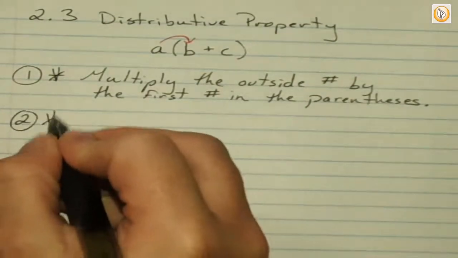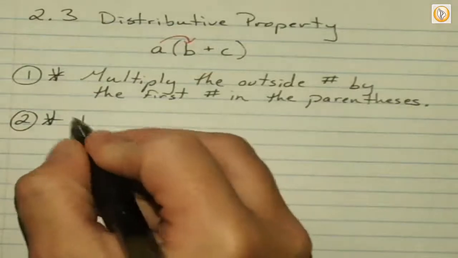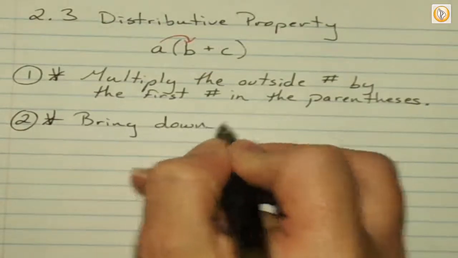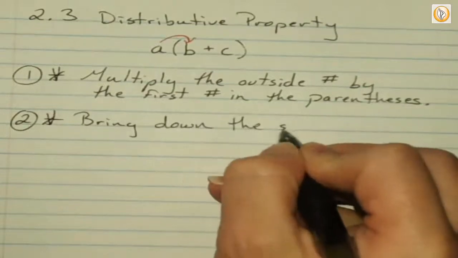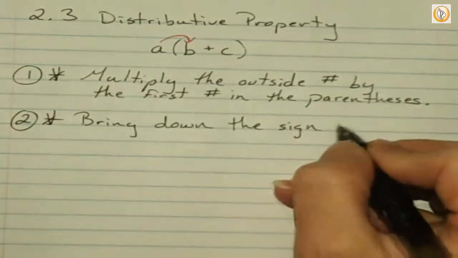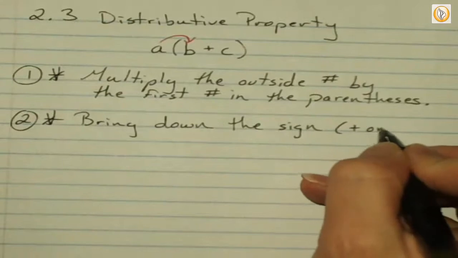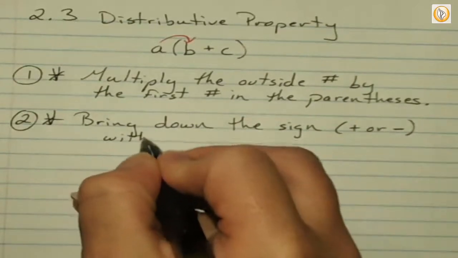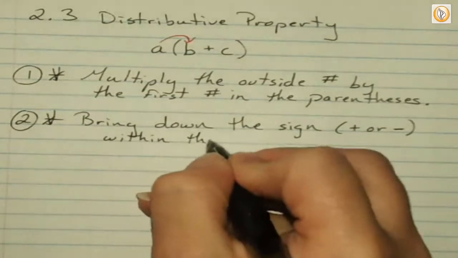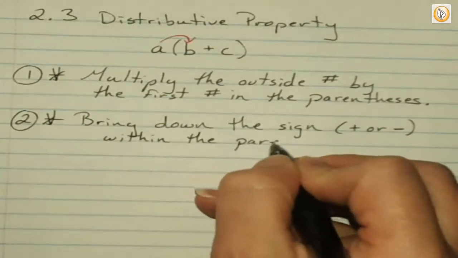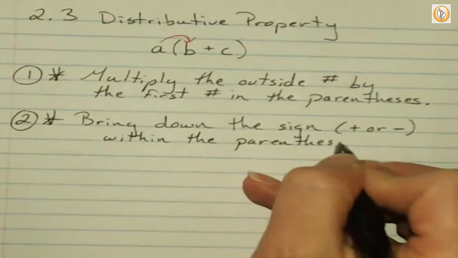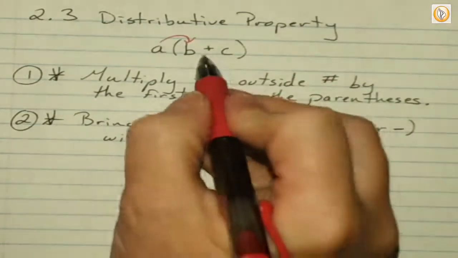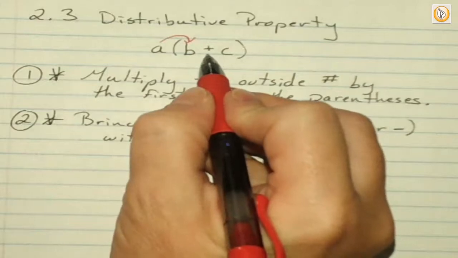Step 2: bring down the sign, plus or minus, within the parentheses. That's this plus or minus right here.